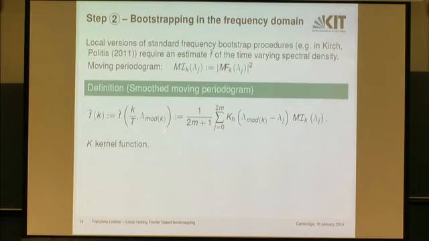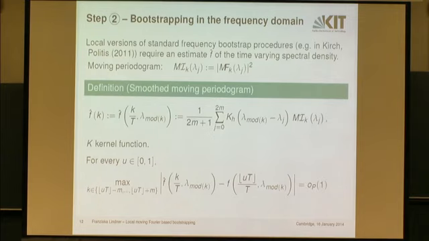And what we need for this spectral density estimator, and what we have proved for this estimator to be true, is what we call locally uniform consistency. But what does that mean?